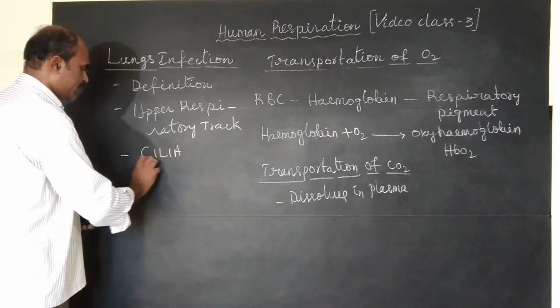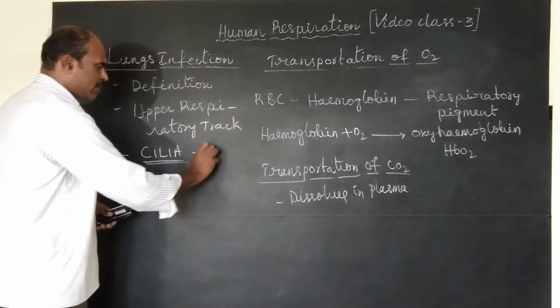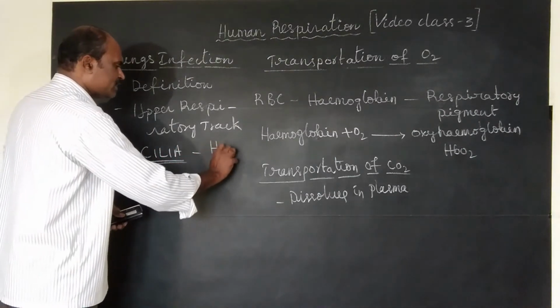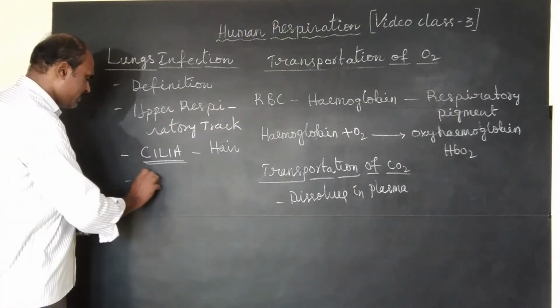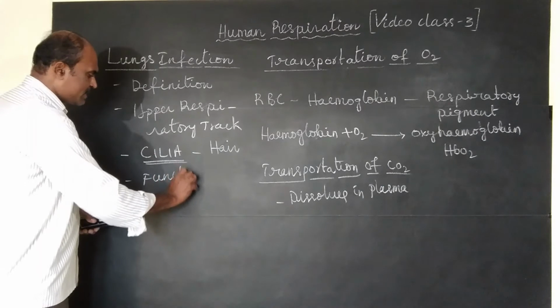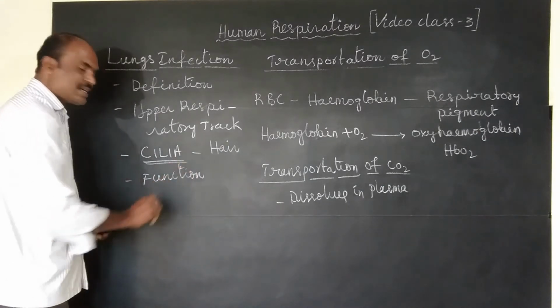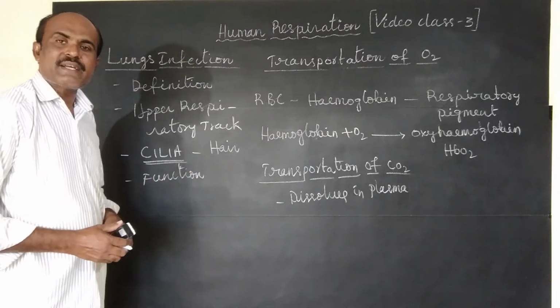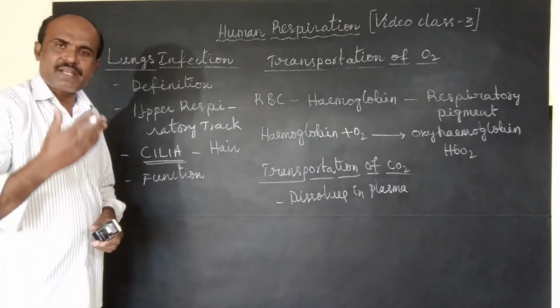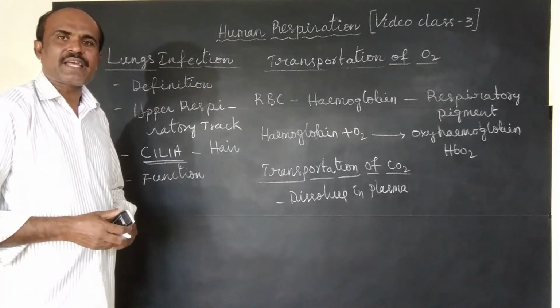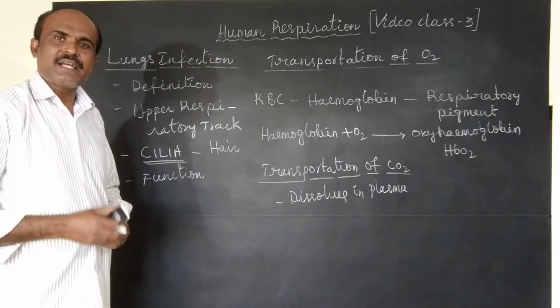These cilia are fine hair-like structures. What is the function of cilia? The function of cilia is to prevent the entry of germs, foreign materials like harmful substances into lungs.